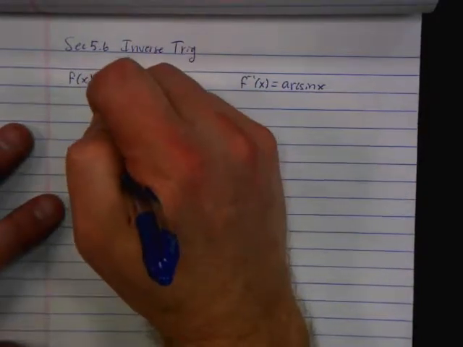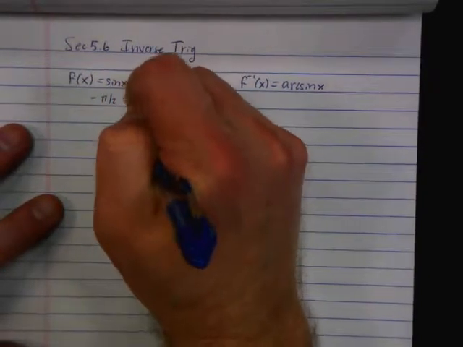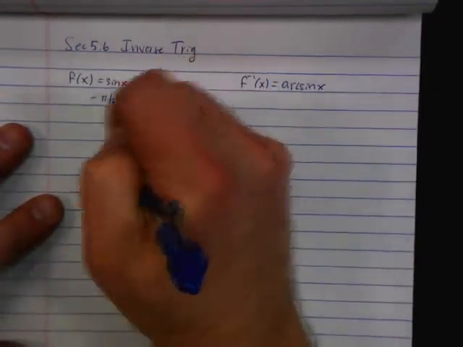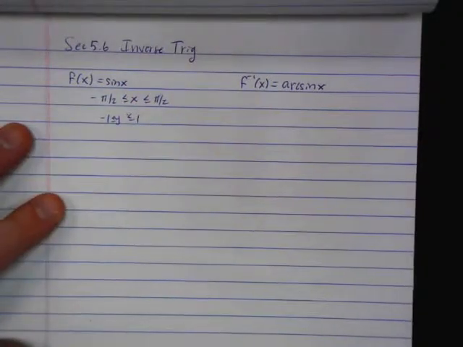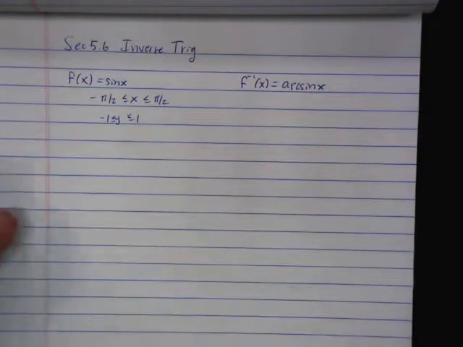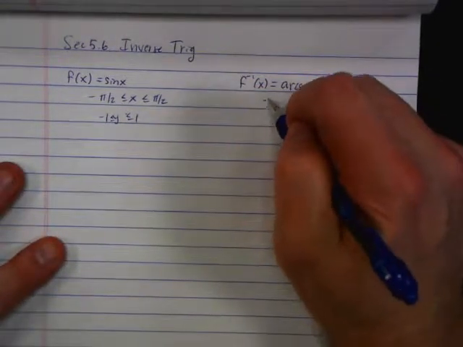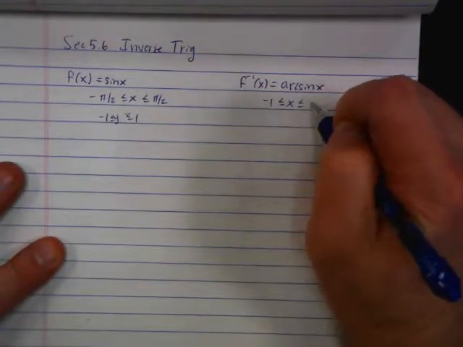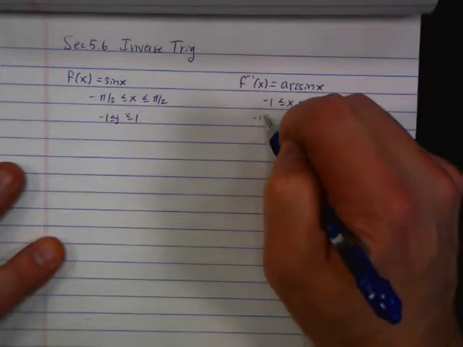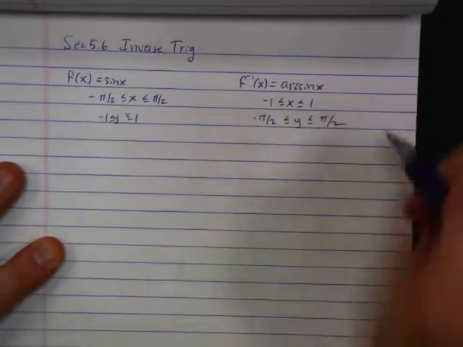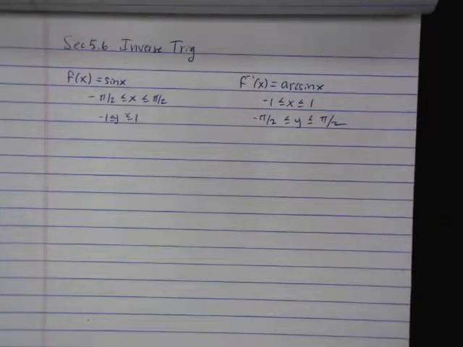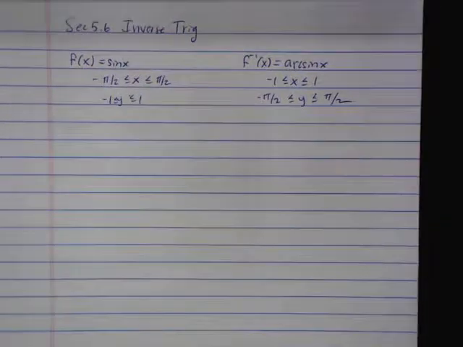Negative pi over 2 to pi over 2. And y went between negative 1 and 1. Which means for your arc sine, the numbers you can plug in were between negative 1 and 1. And the answers that you get out are angles between negative pi over 2 and pi over 2.